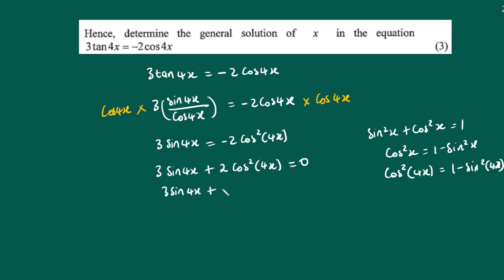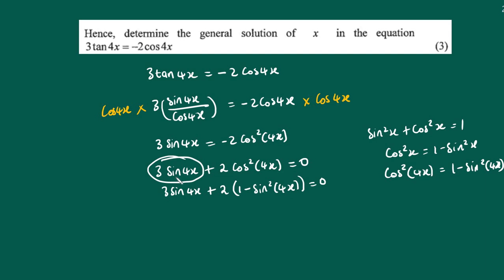So every time, for cos squared, we always do this one: 1 minus sine squared x. I'm doing the one with 1 minus sine because here I have sine.